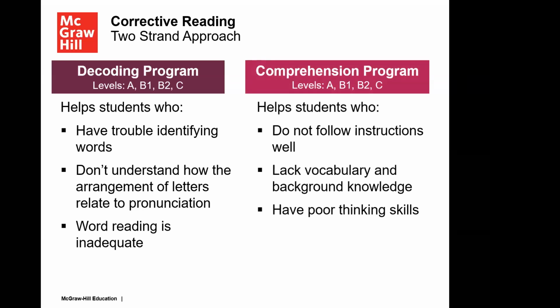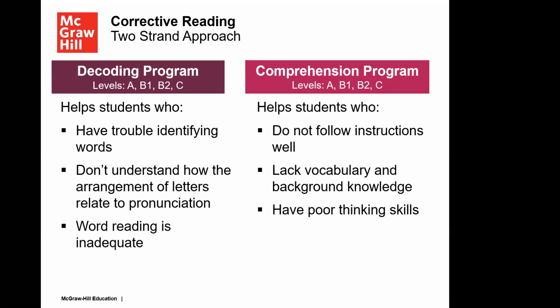So there are two strands of Corrective Reading. There is the decoding strand, and the comprehension strand. Now we know that students who struggle with reading difficulties have struggles in a variety of different areas. So Corrective Reading is really designed to accommodate that full range for all of our students using these two independent strands.